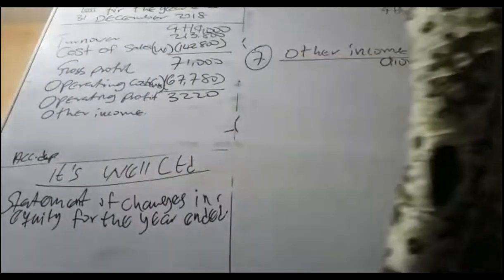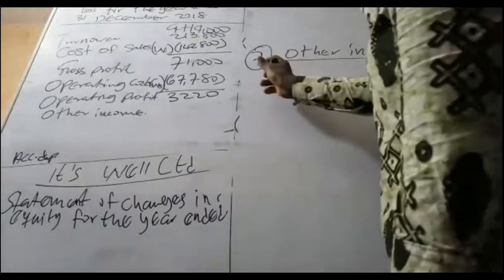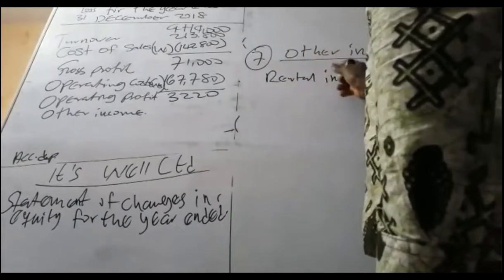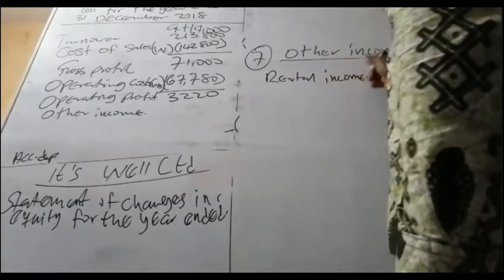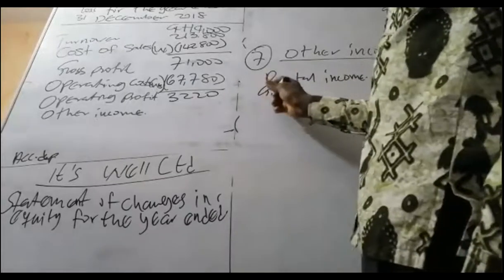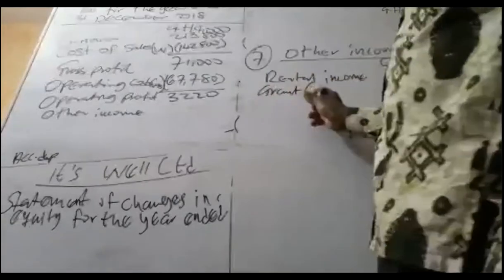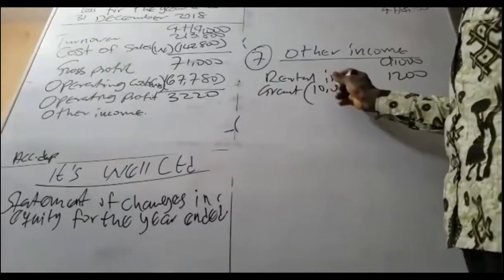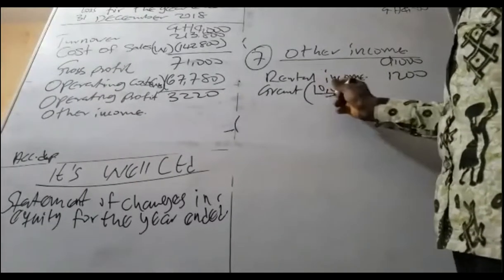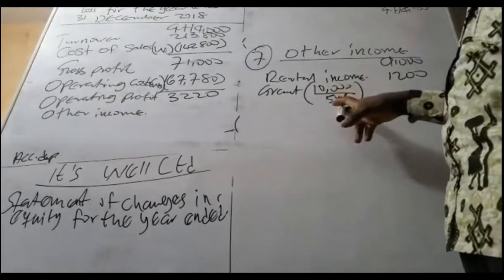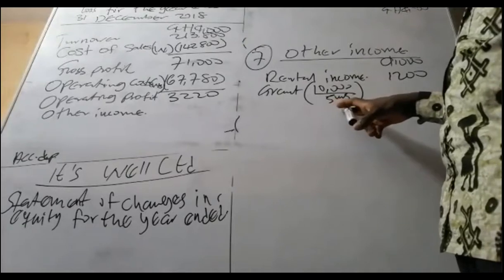The first, rental income, which was 1,200. Then grants. Open a bracket. Divide the 10,000 by 5 years, because the assets will have a life of 5 years.